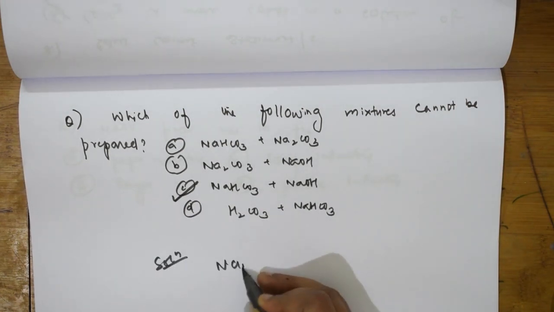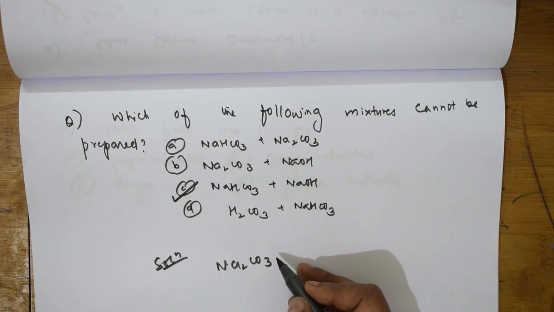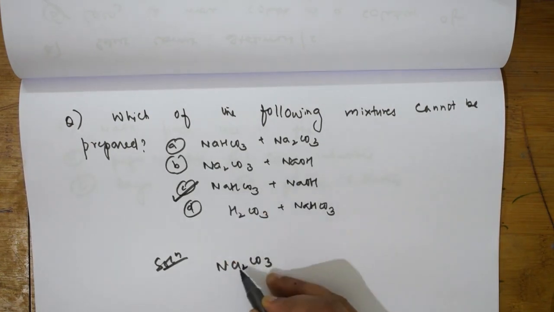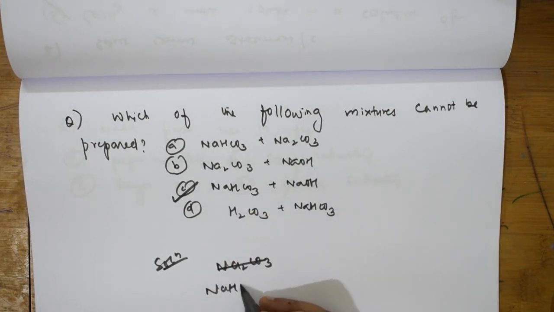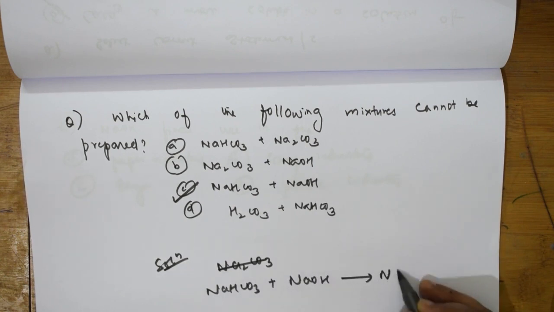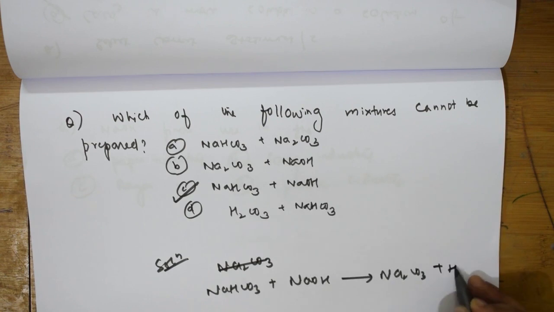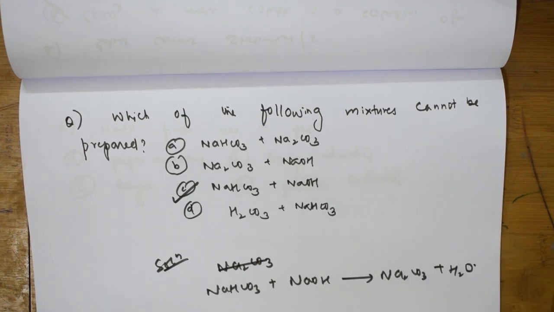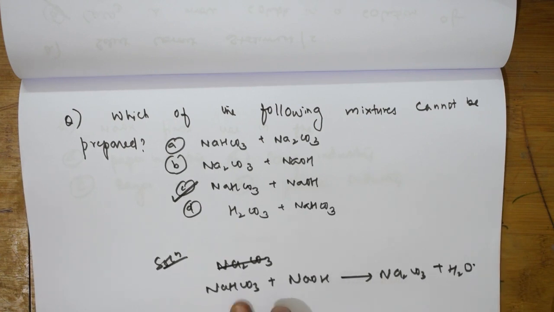Let me write the reaction. NaHCO3 plus NaOH. When they combine, what do they form? They form Na2CO3 plus water. Right. Now the carbonic acid, whatever is there, is still an acid in this case, isn't it?